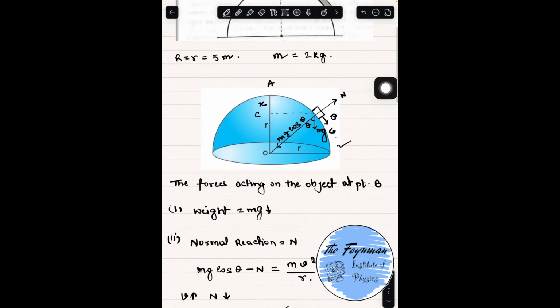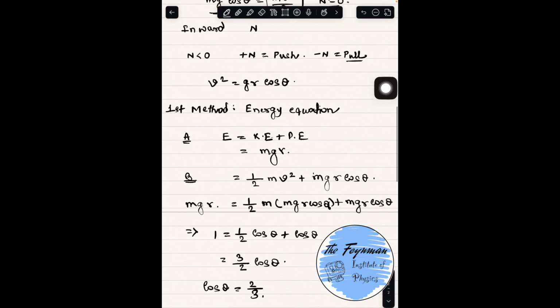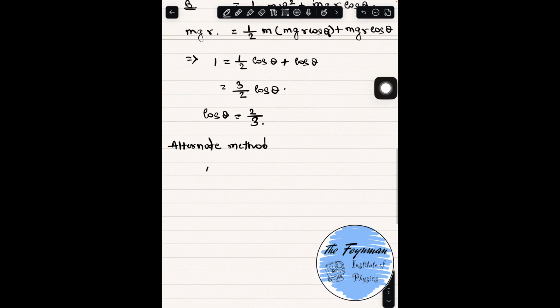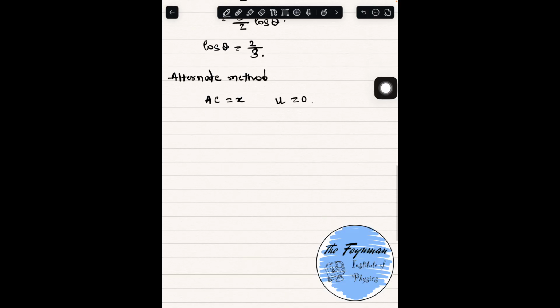See, the height, the vertical drop the object has gone through is AC, that is x, and its initial velocity u is equal to 0. So if we apply the equation of kinematics, v square minus u square is equal to 2 a x, we can write v square is equal to 2 g x. So v is equal to under root of 2gx.